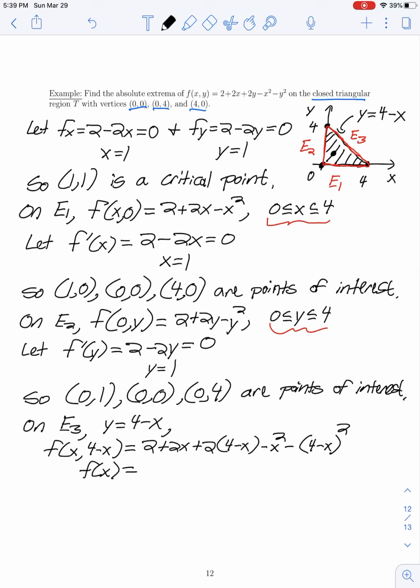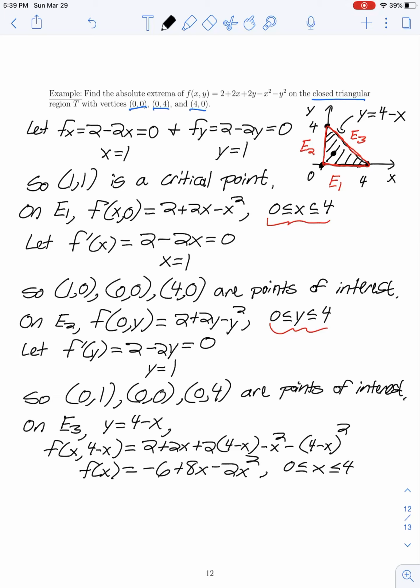So we're left with, again, a function that depends only on x, and if we expand this and simplify, we're left with the function negative 6 plus 8x minus 2x squared, where our values of x could range from 0 to 4.